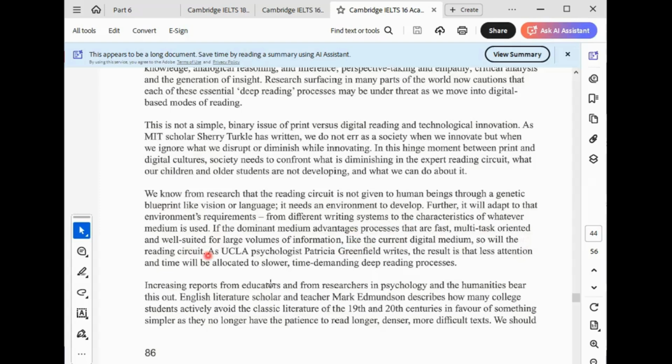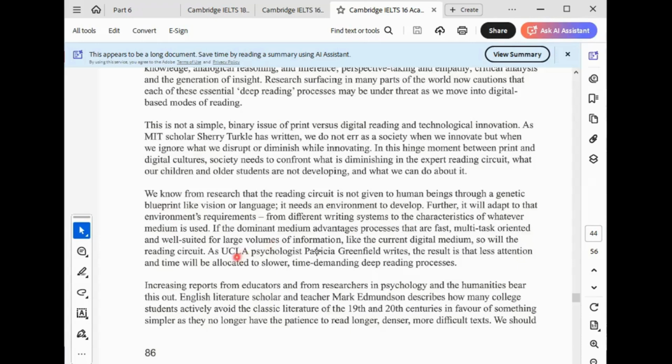In other words, if you are using a medium that involves fast activities, then your reading circuit too will begin to act very, very fast. That's what that next sentence is saying. We are analyzing sentence by sentence, because it's going to help me when I start eliminating options.